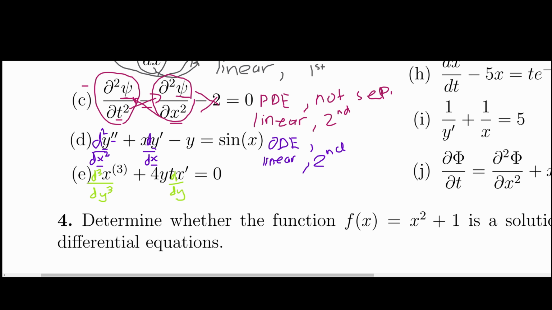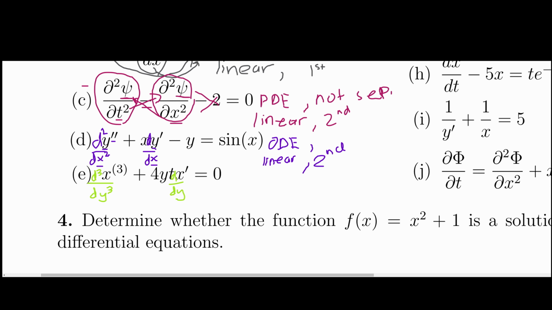Since it is not, it is an ODE. Now we are going to see if this is linear or non-linear. Since x is by itself right here, it is all good. X is being multiplied by a constant right here. However, that still means it is all good. Since it is not inside of anything, this means this equation is linear.